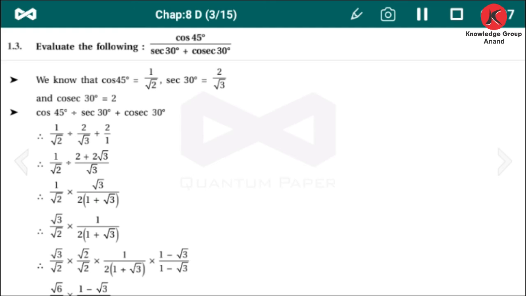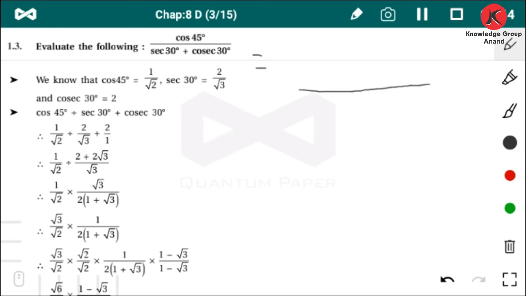You do the simplification like this here. First we take the LCM here: 2 root 2 into root 3, root 2 into root 3.